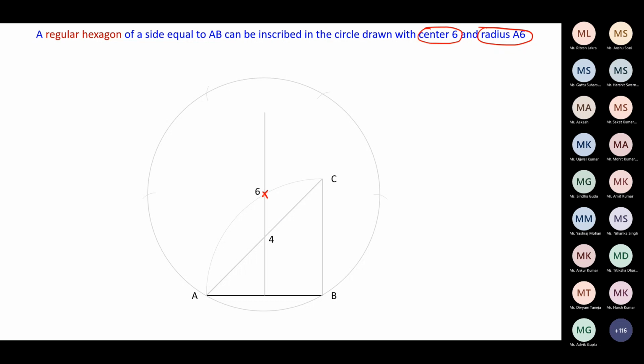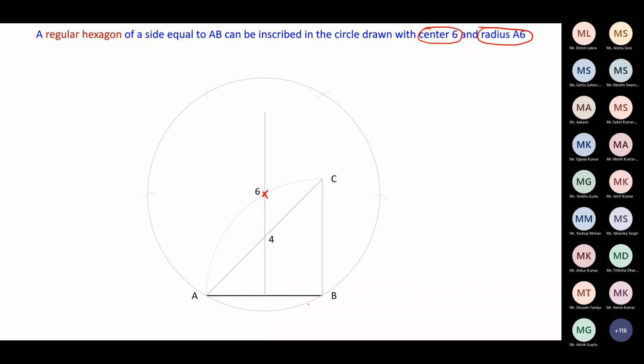We draw one more circle. With this, we can obtain the regular hexagon inscribed in the circle. So here, the 6 is to be used for constructing the hexagon.